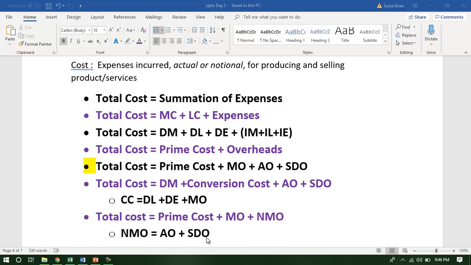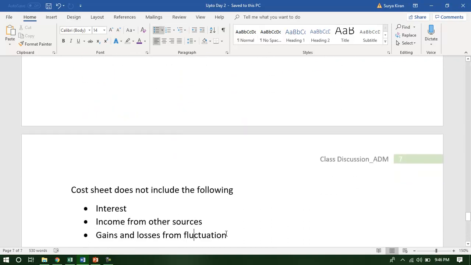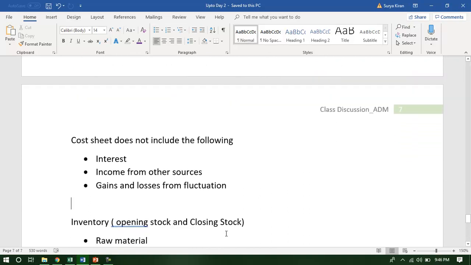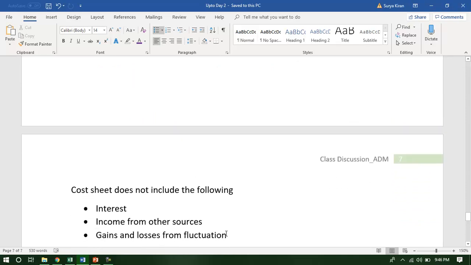But you should also be careful in costing. Some of the expenses are not recognized at all while computing the cost. And those costs are interest, the income from other sources, gains and losses from fluctuations of currency or fluctuations of the market.